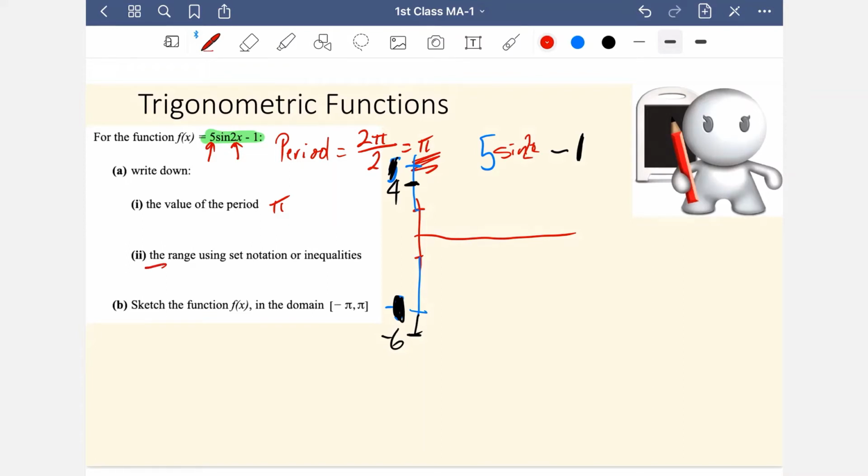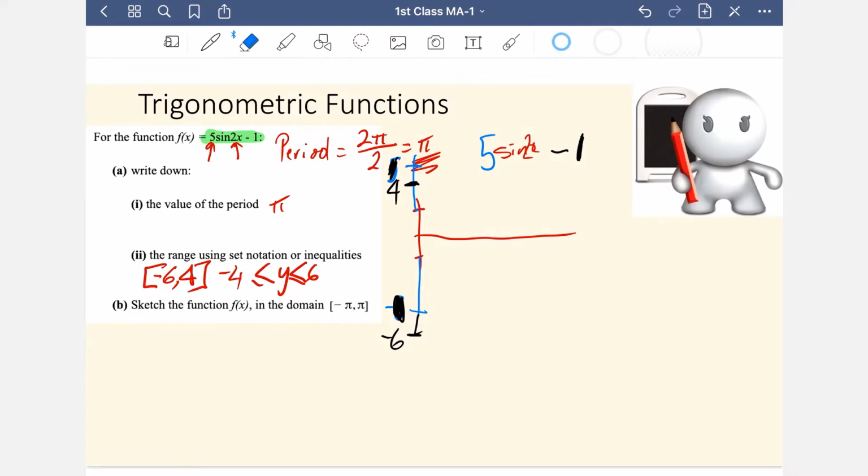Well, using set notation, it's going to oscillate between negative 6, including negative 6, up to 4 and including 4. So that's how you do set notation. Okay, if you're asked to do it using inequalities, right, we're talking about our y values. Well, it's got to be less than or equal to 4 and greater than or equal to negative 6.